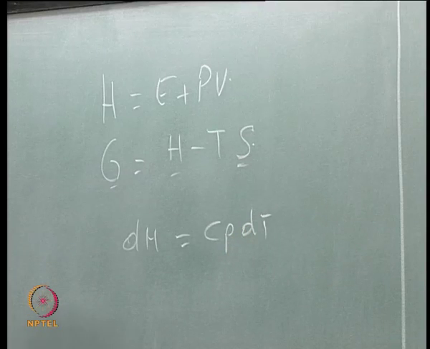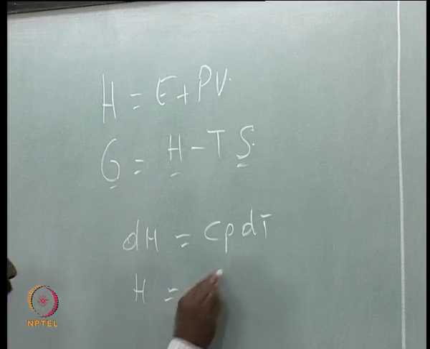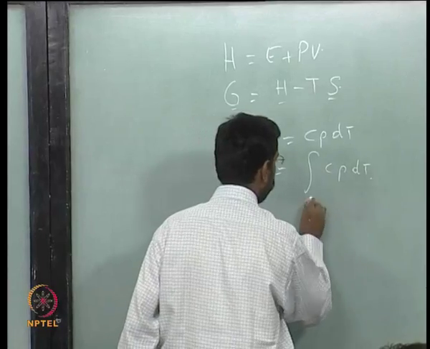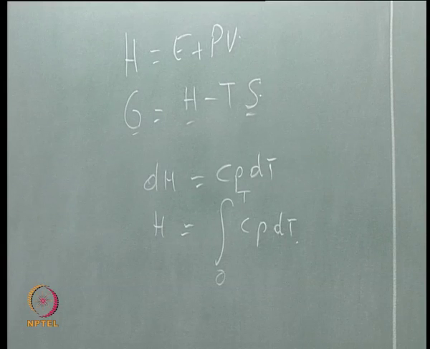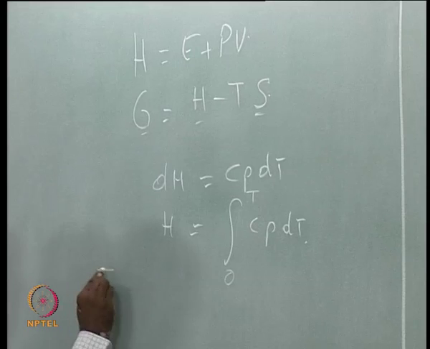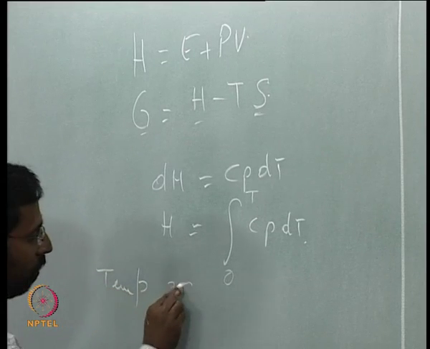So as a result, I can write H as the integral of Cp dT, where T goes from, let us say, 0 to T. In thermodynamics we have what are called standard states. All these are actually relative numbers, so you need to set up some particular condition, which we call a standard state, and that condition is at a temperature of 298, which is room temperature.